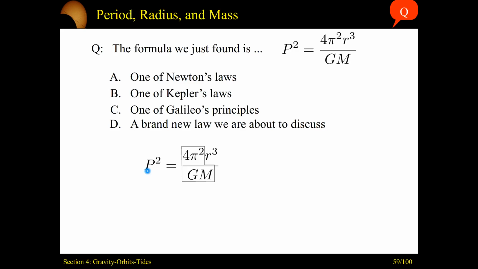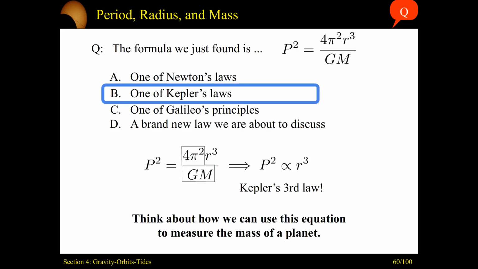Well, I see a P squared, a period squared, and a cubed radius. That's Kepler's third law. The orbital period squared, the sidereal period squared, has to be proportional to the cubed radius. Well, here's that proportionality constant now. And this is a wonderful, amazing result.